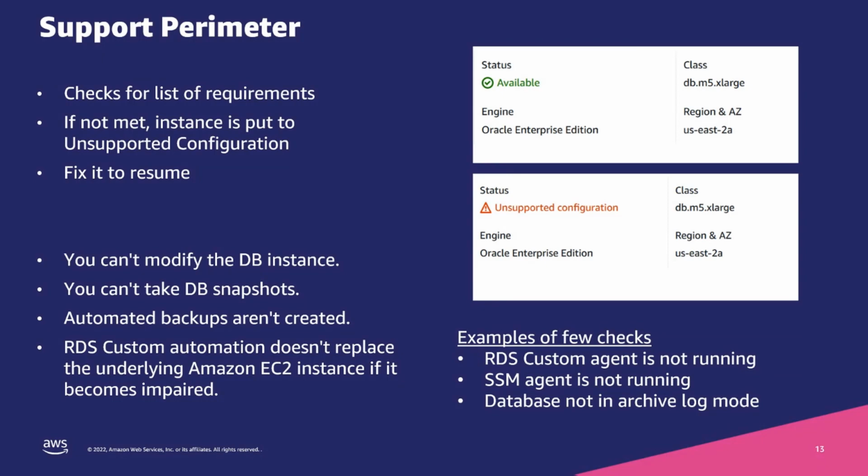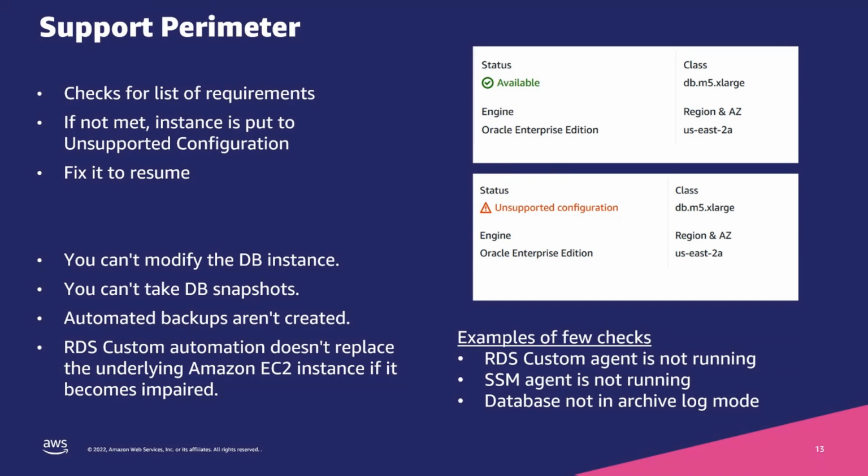Now, when the DB instance goes into unsupported configuration, this time it is your responsibility to look at what caused it and also fix that configuration problem so that RDS Custom can change the instance back into available state.